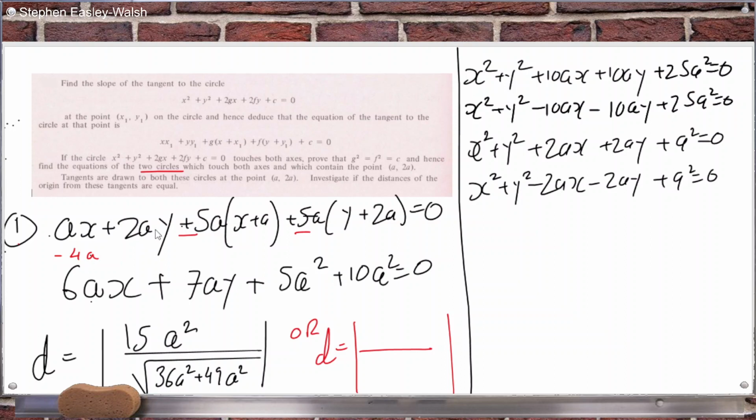Then the y would be 2ay minus, so that would be minus 3ay. Why did I say 7 there? Gonna redo this.